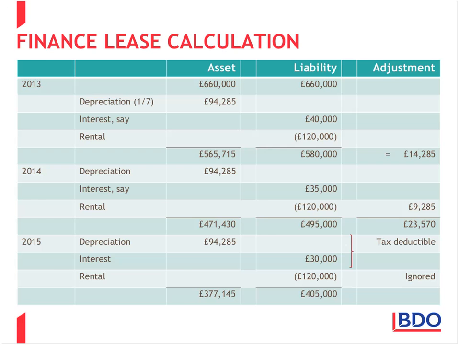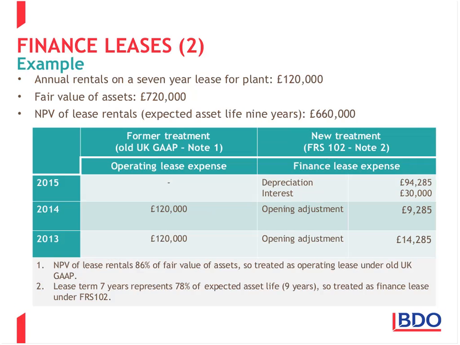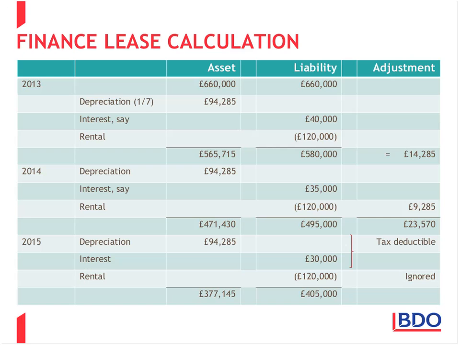If we revert back to the previous slide, you'll see that a tax deduction is taken for that there on the right-hand column. We do the same for the closing balance at 2014, by which time the net present value of the asset has taken another year's worth of depreciation and taken it down to £471,430.